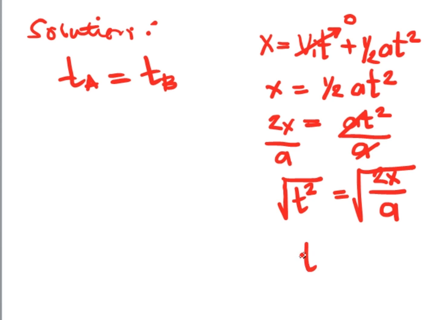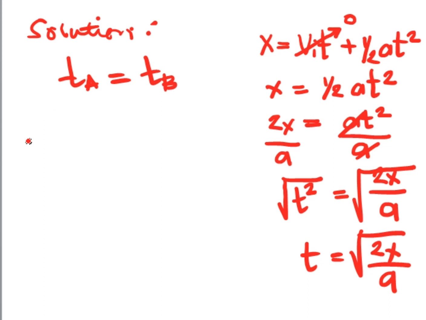So we have t equal to the square root of 2x all over a. Going back to this relationship for the time of car A and the time of car B, we can substitute this equation.